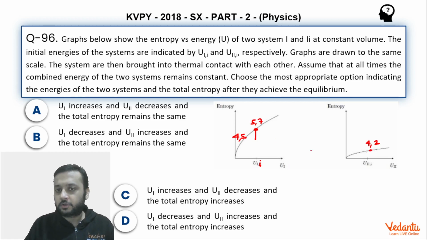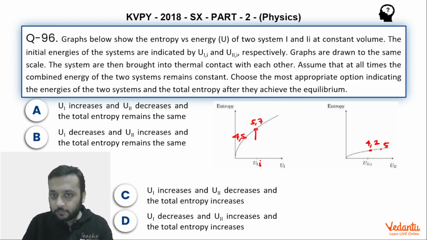Now one thing is for sure: if the energy decrease of system 1 is 1 unit, then the energy increase of system 2 will be 1 unit. That means it will go to 5. Also since it is less steep, its slope is less, therefore the entropy increment here will be less than 2.